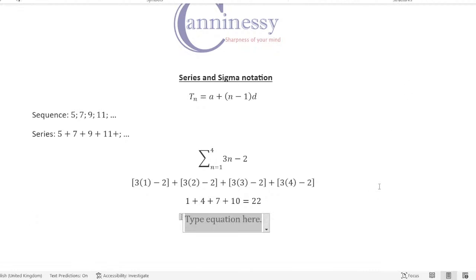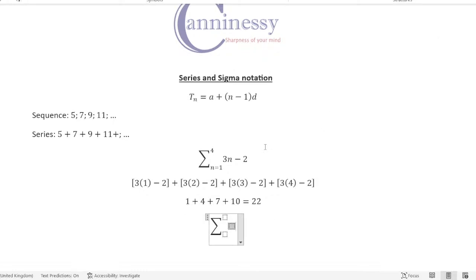Let's evaluate another problem. Here we have, let's write the sigma notation. Here we have 6, then n is equal to 1. n is equal to 1, which means the first number we will substitute is 1.